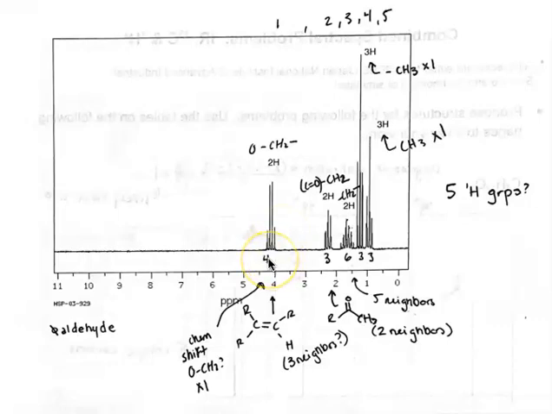So for a quartet multiplicity, it's going to have 3 neighbors. A triplet multiplicity is going to have 2 neighbors, and so on. And then these numbers up here, 2H, 2H, 2H, 3H, 3H, that's how many hydrogens of the molecule have that behavior.